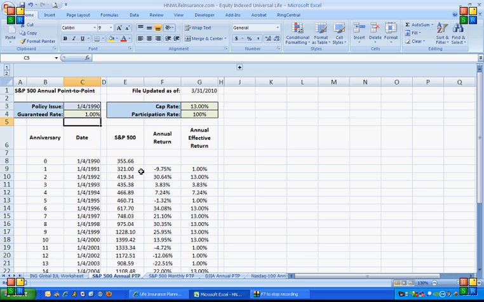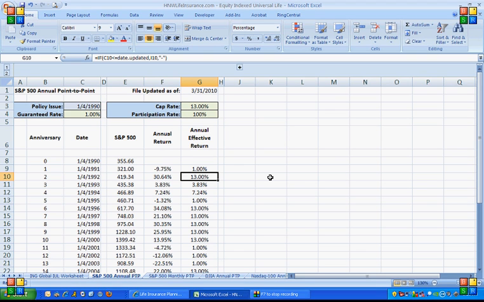So going from year 1 to year 2, you'll see the S&P jumped from 321 to 419 for a 30.6% annual return. Since we have this cap rate, the most we would be able to get is 13%. Now, why is this important? Well, depending on where you're at or what the S&P does, it's going to affect what our return is.